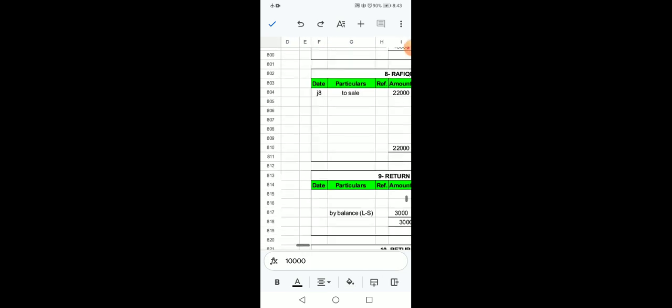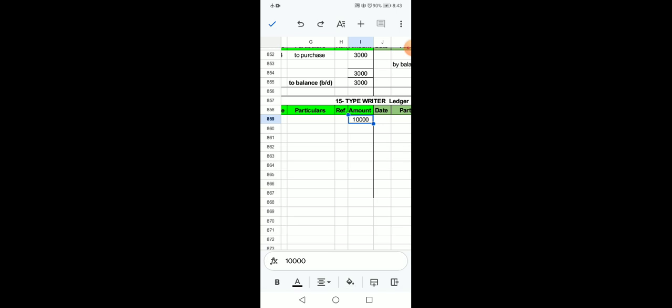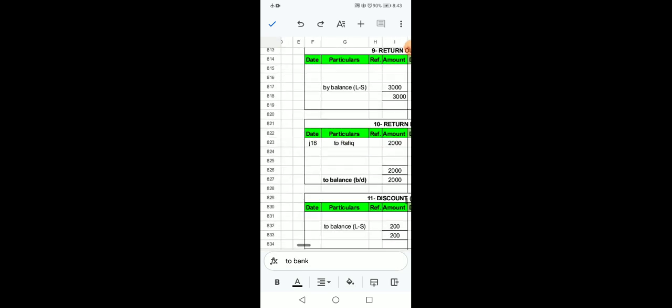For the 15th ledger, come over here, typewriter is debited by 10,000. So go to the typewriter account, choose the debit side, and write down 10,000 in the amount column. Now look at typewriter. You need to write the reference. What is written on the opposite side? To bank.